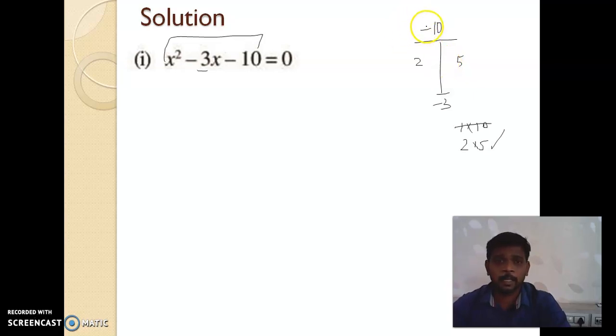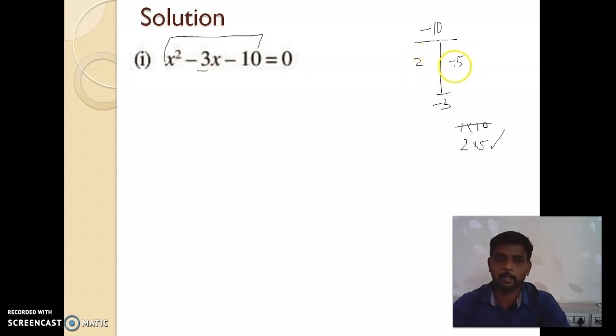So since minus is there, one of these two numbers gets the minus symbol. Where do we put the minus? Either in front of 2 or in front of 5, according to the sign of the bottom number. Here the bottom number is negative, therefore place the minus sign in front of the bigger number. Similarly, for the top number, minus means only one of the factors gets minus, not both.